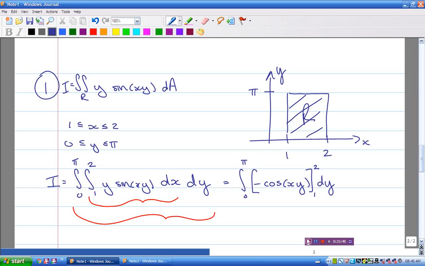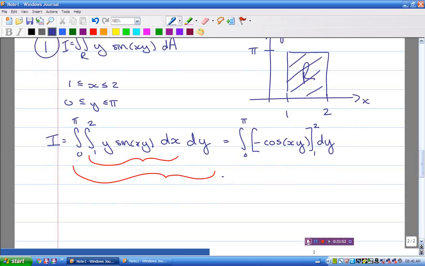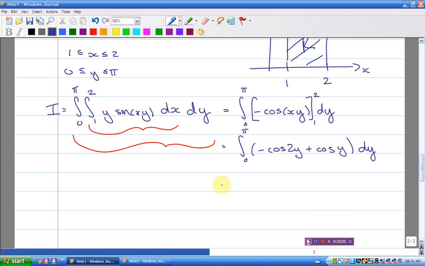I hope you agree with that. Now I'm going to plug the 2 and the 1 in, and they get plugged into x, of course. So that's minus cos 2y plus cos y. Now it looks like a problem I could have had in first year, because I've only got one variable left.